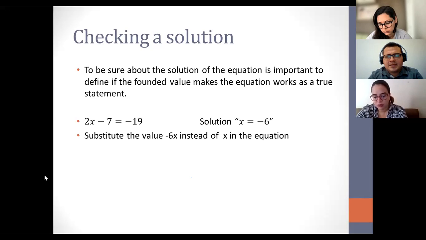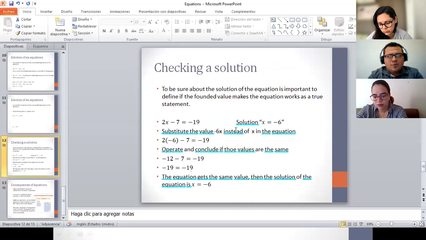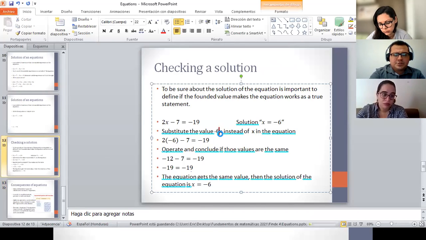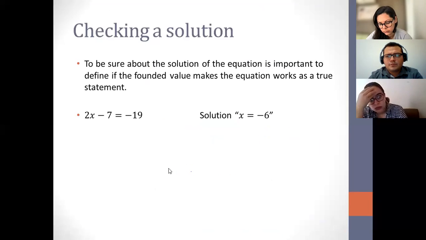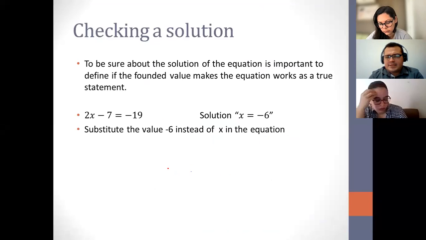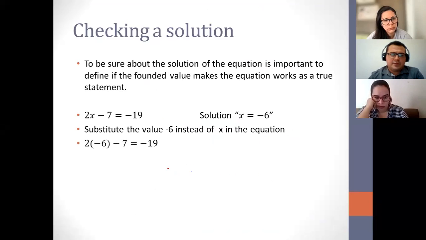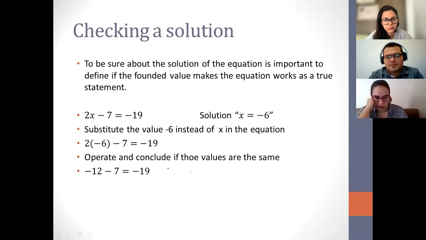Over there, we're gonna see why this expression x equals -6 really makes true the equation we have over there. Because at the end, it creates, sorry, a true statement. Okay, a true statement.